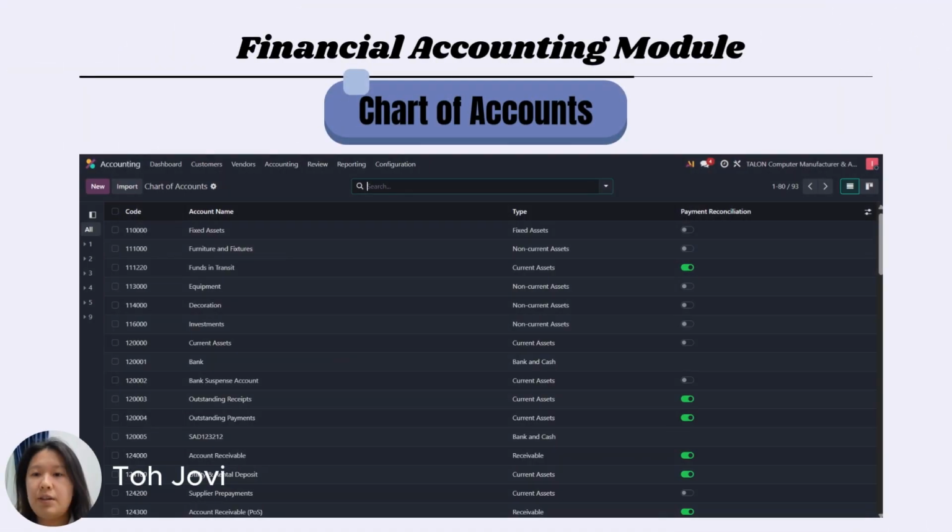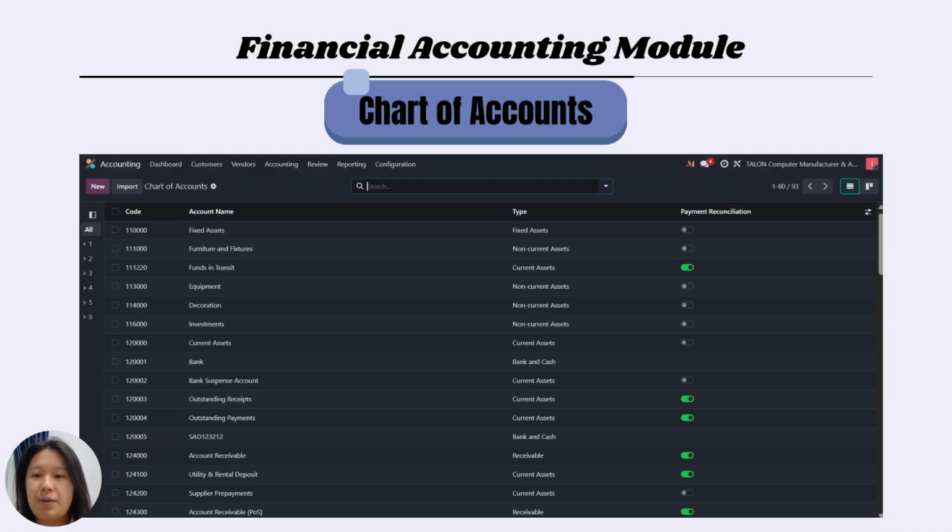Let's begin with the foundational structure of our financial system, the chart of accounts. As you see on this slide, we have meticulously configured Odoo to categorize every financial transaction according to standard accounting principles. Each account is assigned a unique code and a specific type, such as a fixed asset for our equipment or bank and cash for our liquid funds.